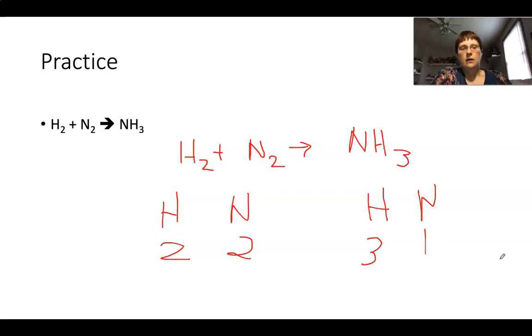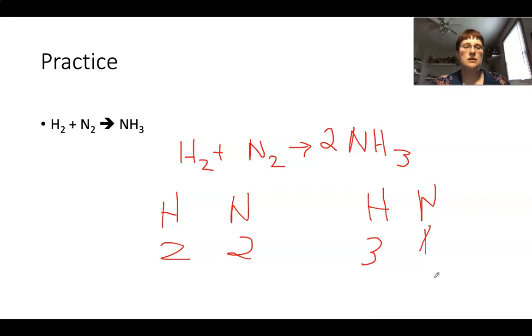So what can we do? Well, the easiest thing here is actually to put a number on this one. Since this is the only compound on this side, if we put a coefficient here, it's easier to adjust any of the coefficients on that side. So let's see what happens if we put a 2 on the nitrogen, because we have 2 on that side.